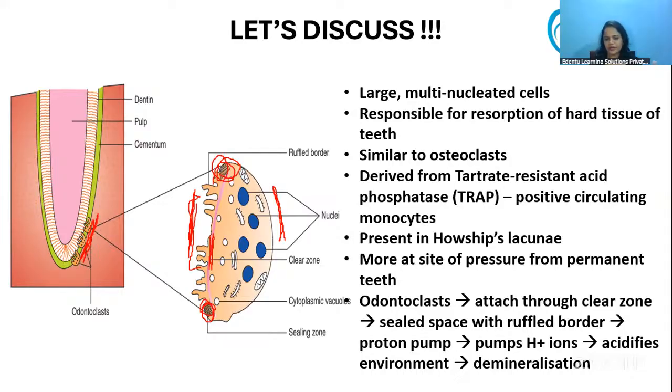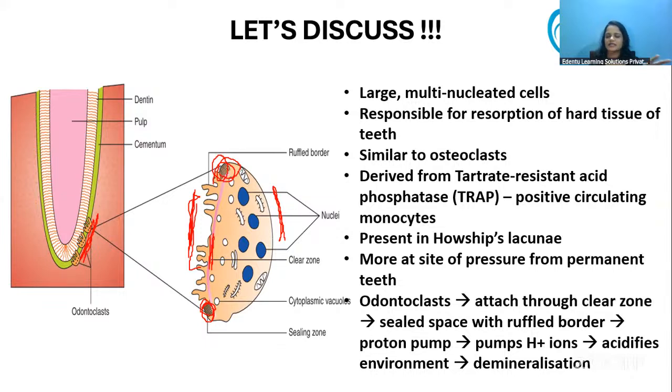So when the odontoclast goes and gets attached to the tooth or the root surface, this ruffled border will release lots of H plus ions and create an acidic environment.